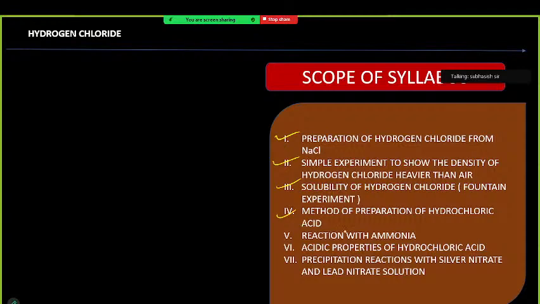Now, as we all know, hydrochloric acid is the aqueous solution of hydrogen chloride gas. Some of its reactions are the reaction with ammonia, the acidic properties of hydrochloric acid, and some precipitation reactions with silver nitrate or lead nitrate solution.